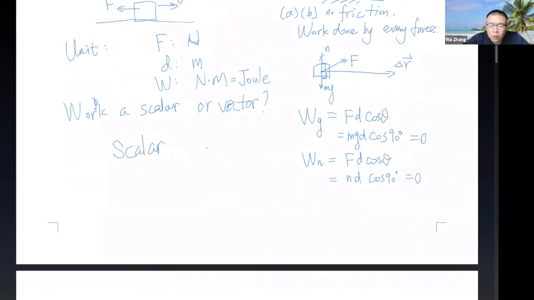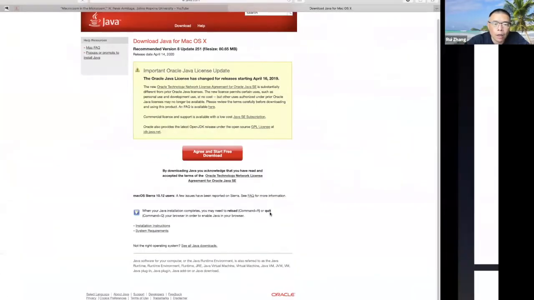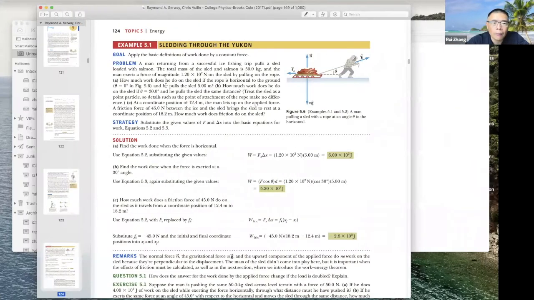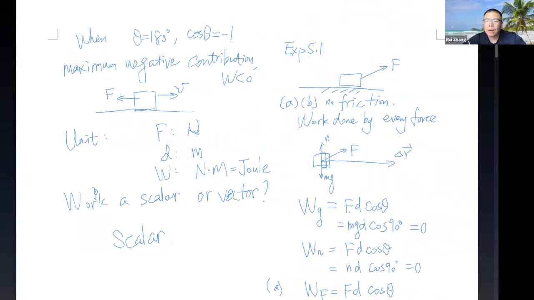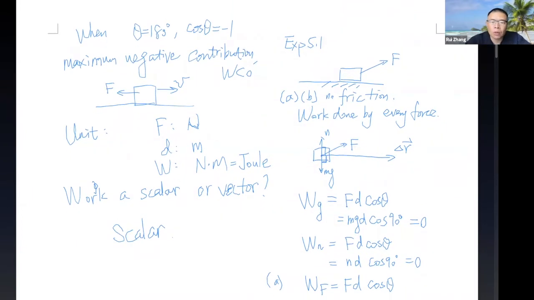Now let's do part A. It says the force is pulled horizontally to the ground, so theta equals 0. Again, we start from the definition: W_F equals F d cosine theta, and theta is 0. So you have F d.